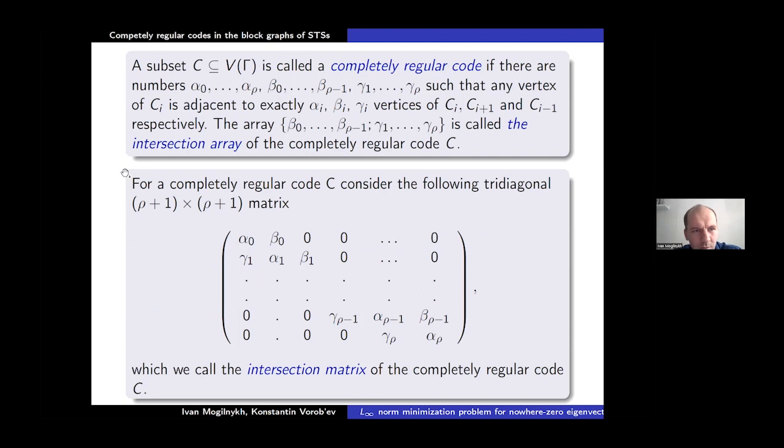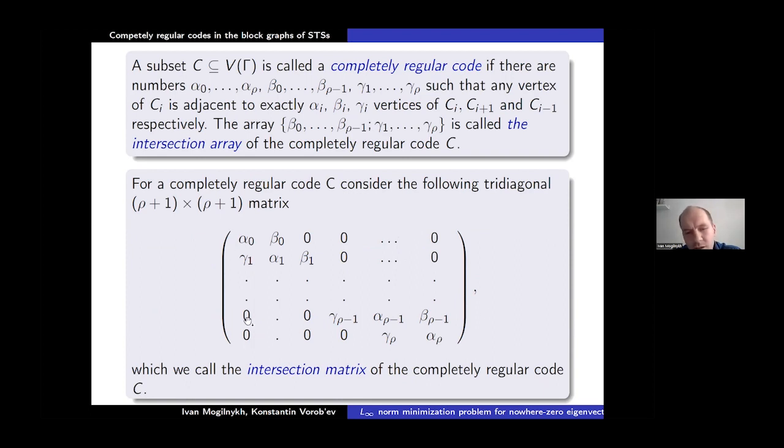Okay, so maybe we should give facts concerning eigenvalues. If we put our intersection array as elements of a tridiagonal matrix, look at the eigenvalues of this matrix.